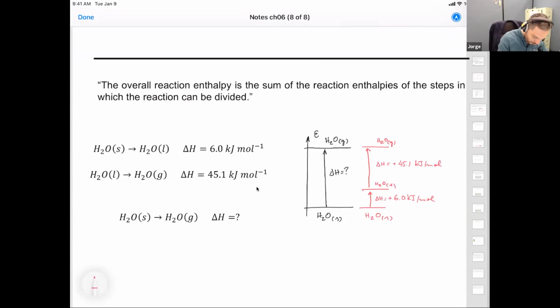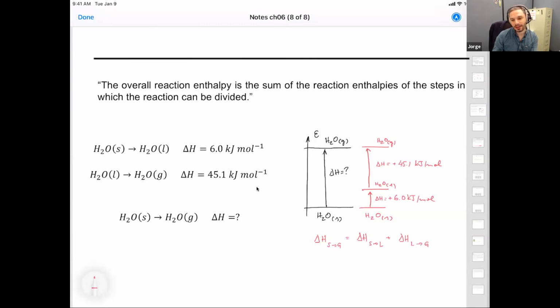So therefore, the delta H that we are looking for regarding the transformation solid to gas is exactly the delta H of solid to liquid plus the delta H from liquid to gas. That's what the Hess's law tells us. It doesn't matter the way you get from start to finish, because energy is a state function, okay?